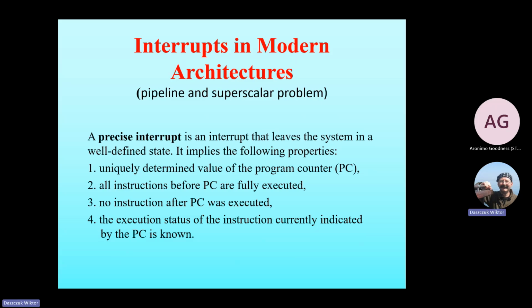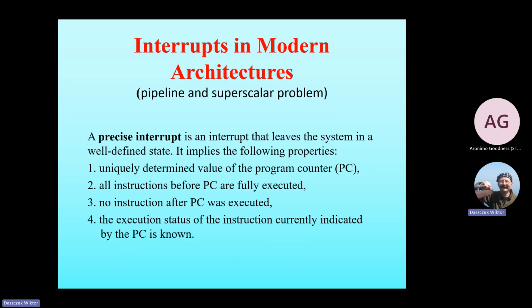So this model is called precise interrupt. Why precise? Because interrupts come to the processor in strictly defined moments in time. Between instructions, one instruction is finished, the program counter is updated and points to the next instruction in the stream.